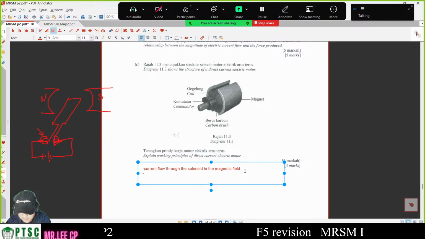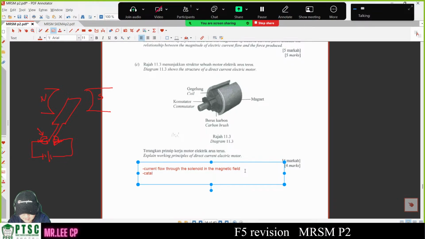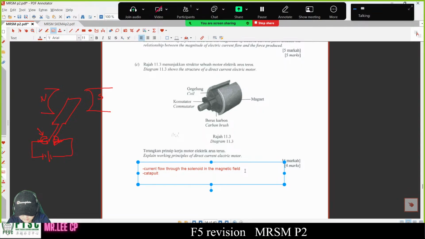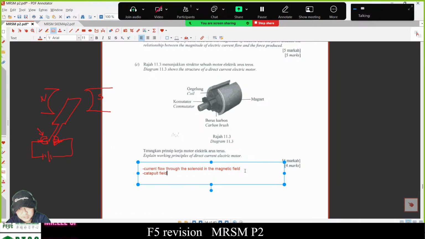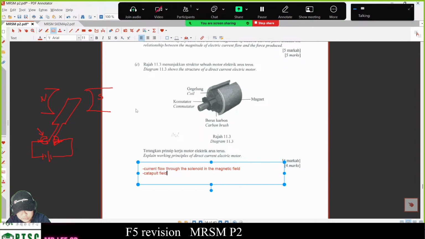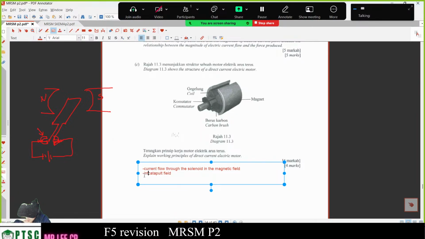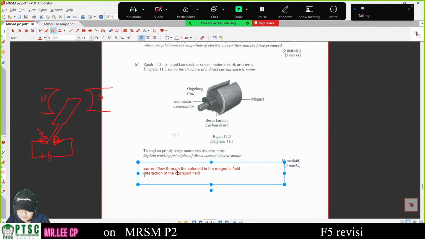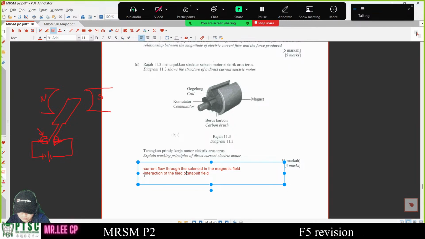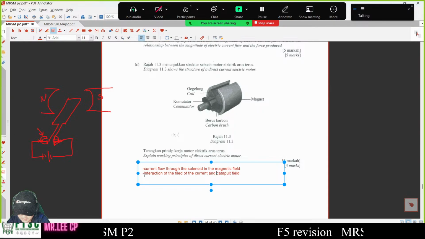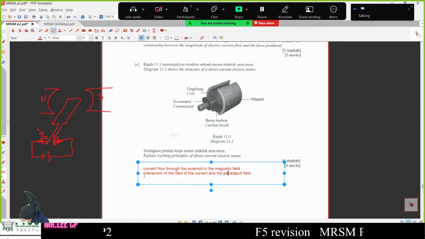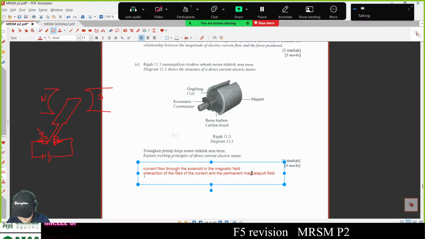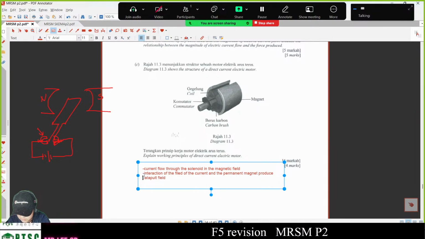Because of interaction of the magnet and the current, produce a catapult field, right? Interaction of the field of the current and the permanent magnet produce catapult field.